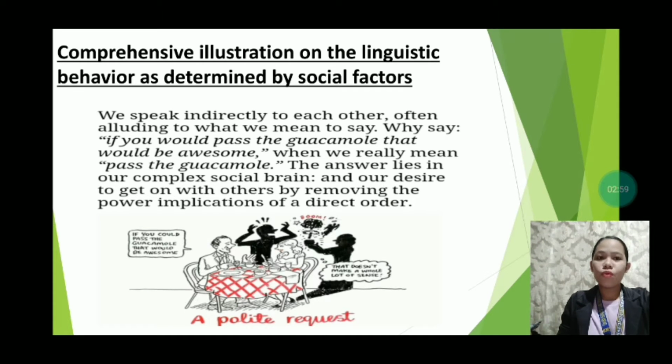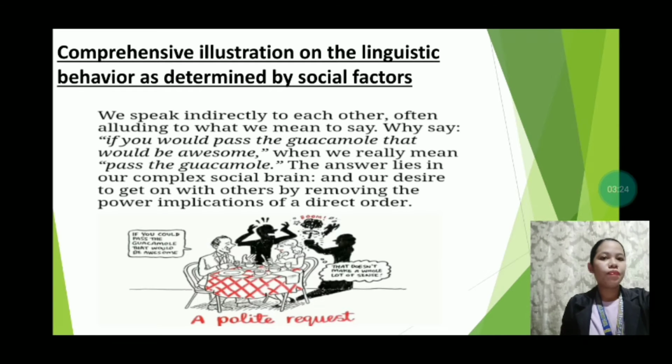Why say, if you would pass the guacamole, that would be awesome, when we really mean pass the guacamole? The answer lies in our complex social brain and our desire to get along with others by removing the power implications of a direct order.